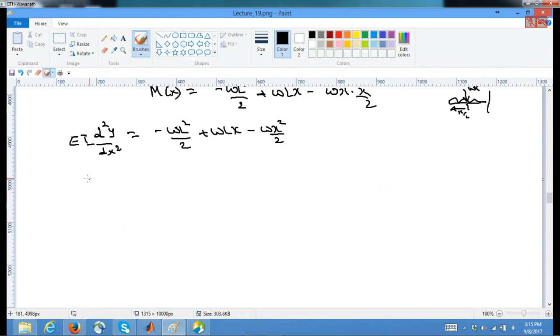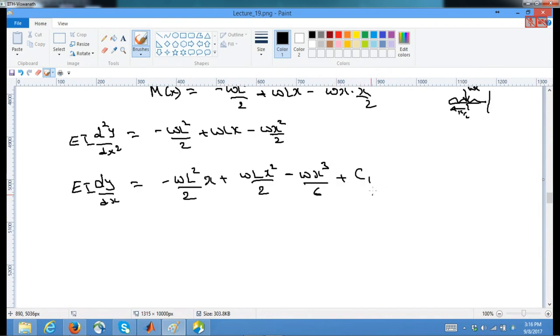If I integrate it, EI dy by dx is equal to minus WL square by 2 x plus WL x square by 2 minus Wx cube by 6 plus C1. Integrating again, EI y is equal to minus WL square x square by 4 plus WLx cube by 6 minus Wx to the power of 4 by 24 plus C2.